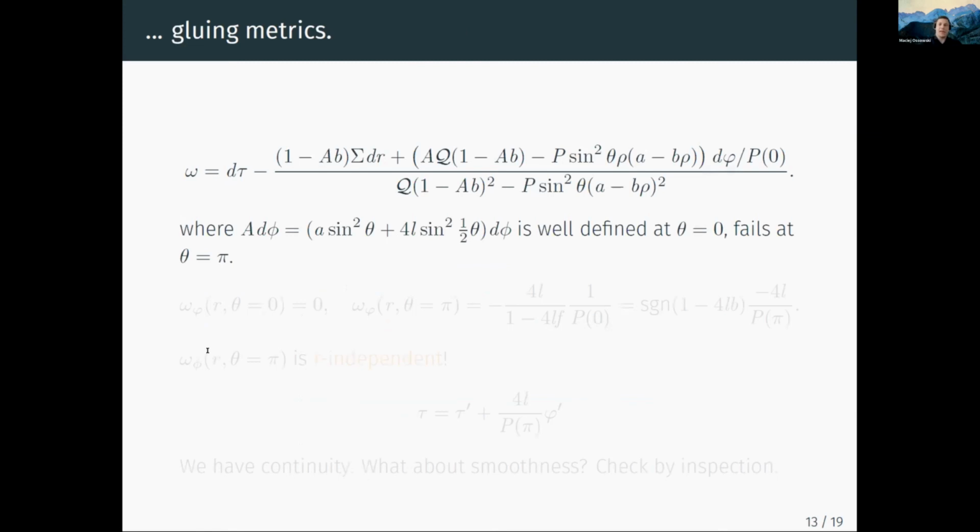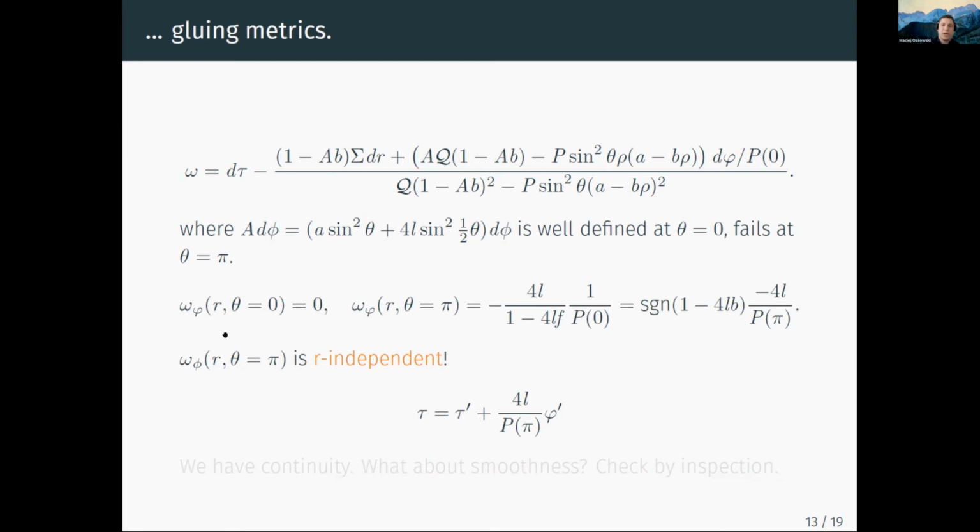There are some things that we also have to take care of. It would be nice to know the transformation between the patch that covers the northern hemisphere and the one that covers the southern hemisphere. We do that also motivated by the Taub-NUT example.